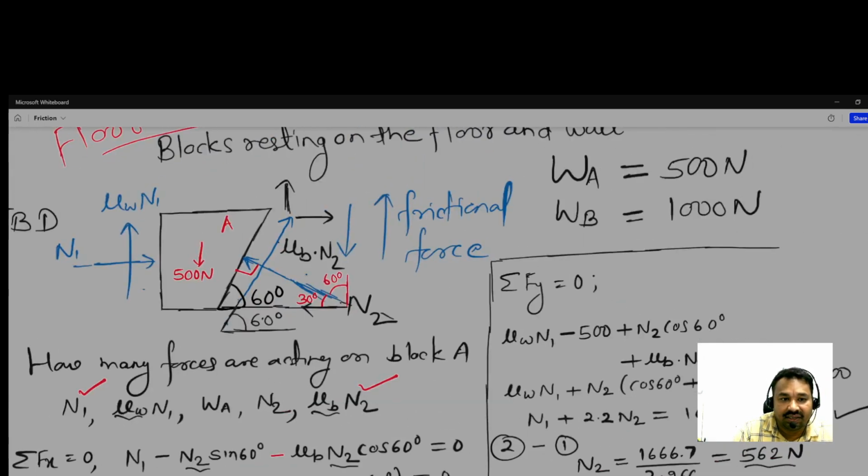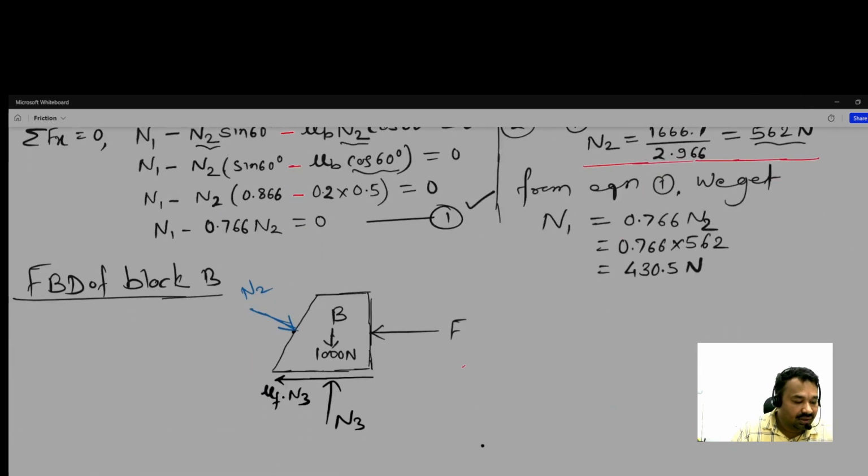It is acting upward in block A, but here we have to take it in the downward direction. So it is mu between the blocks times N2. In this way we have done it, and this angle is 60 degrees.